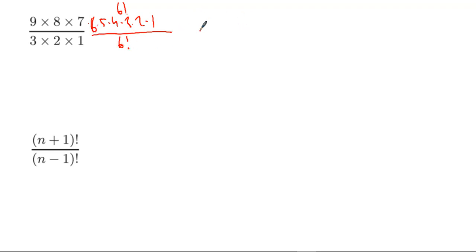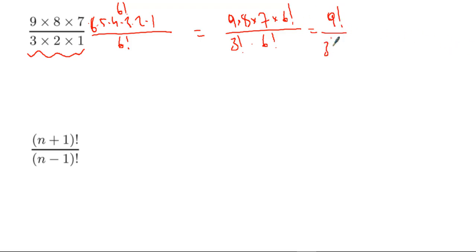So I can rewrite this new fraction as 9 times 8 times 7 multiplied by 6 factorial, divided by 3 factorial times 6 factorial. Now the balance is not changing. It's the same, I just multiplied numerator and denominator by the same number. And now the numerator I can write as 9 factorial, divided by 3 factorial times 6 factorial. They are not asking about simplifying the numbers, they just want to rewrite in factorials.